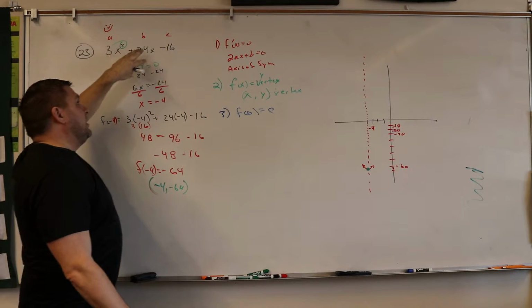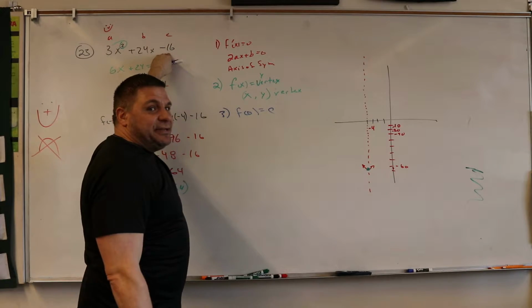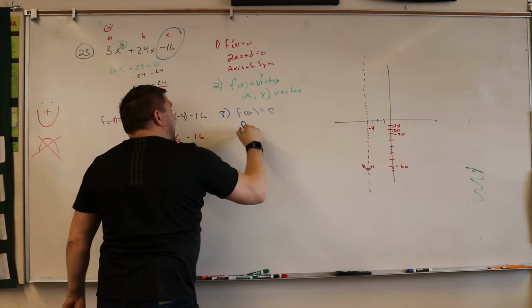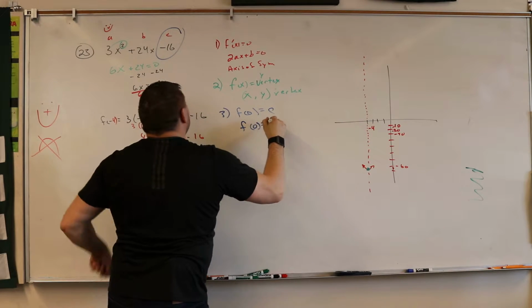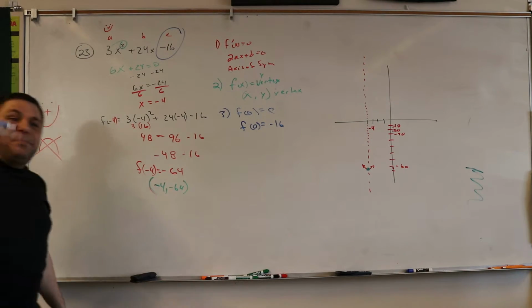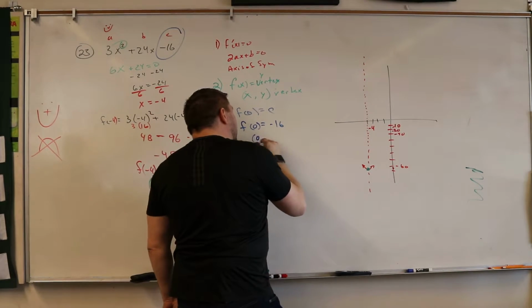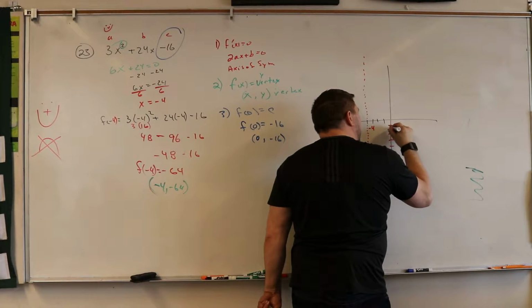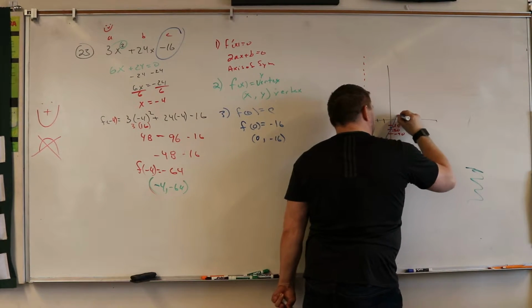So we're going back to what C is. F of 0 is equal to negative 16. That means at 0, I'm at negative 16. It's going to come up and go like that.